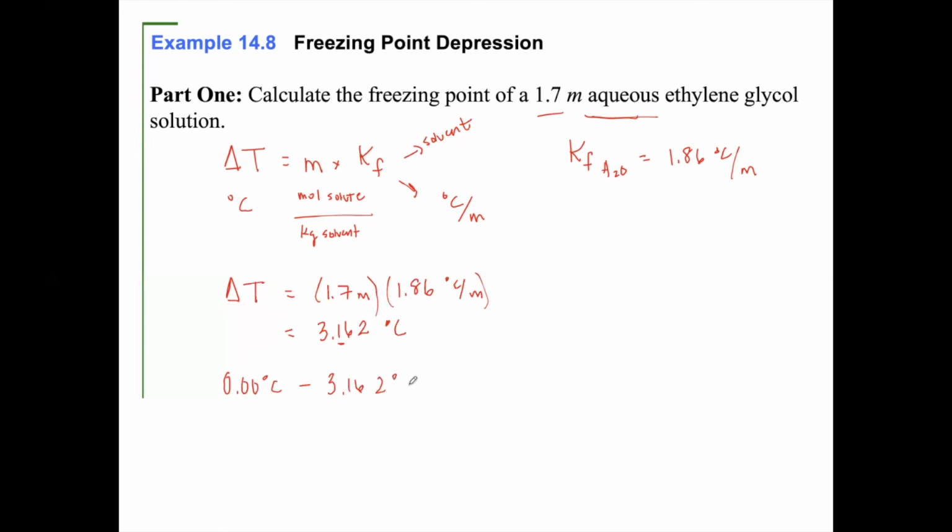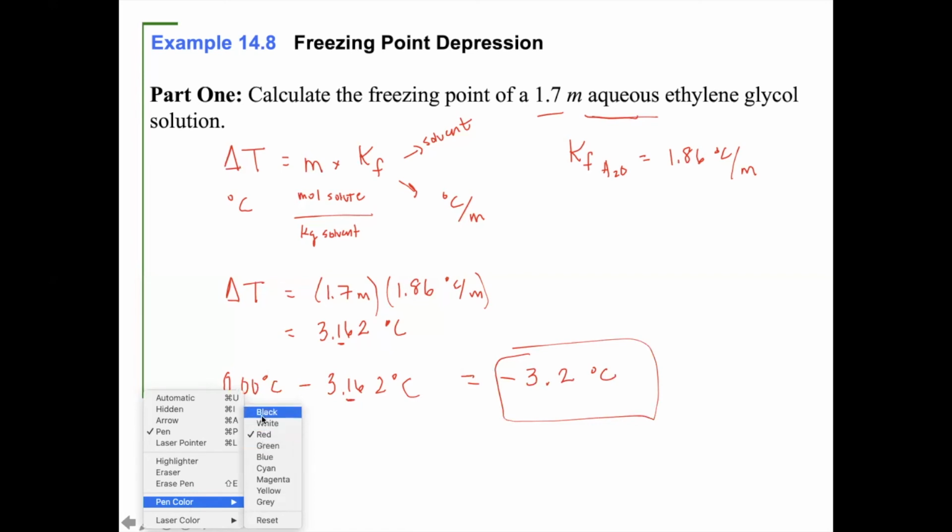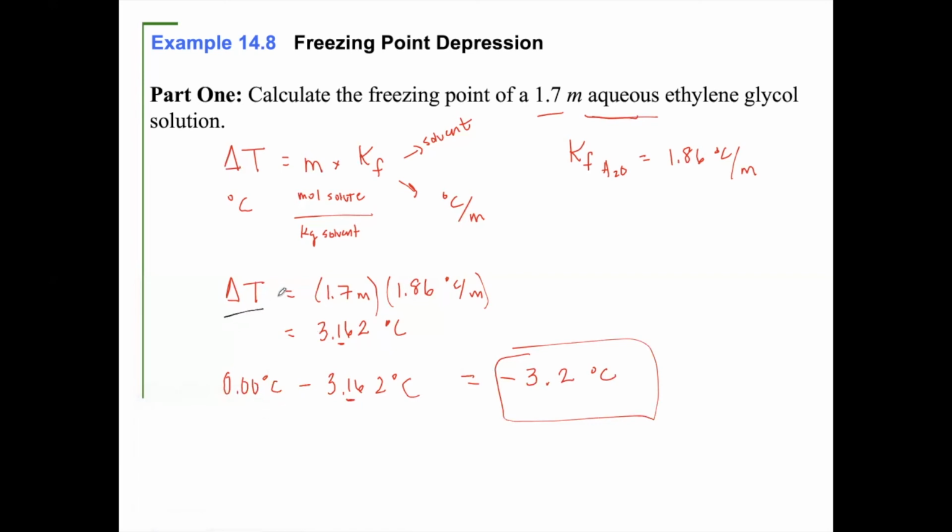So this is going to be negative 3.2 degrees Celsius. That's your new freezing point. Just keep in mind when you're finding delta T, you are not finding the final temperature. Remember, delta T in general is the difference between the final and the initial, right? So just make sure you know that, because you may not always be dealing with 0 degrees Celsius.